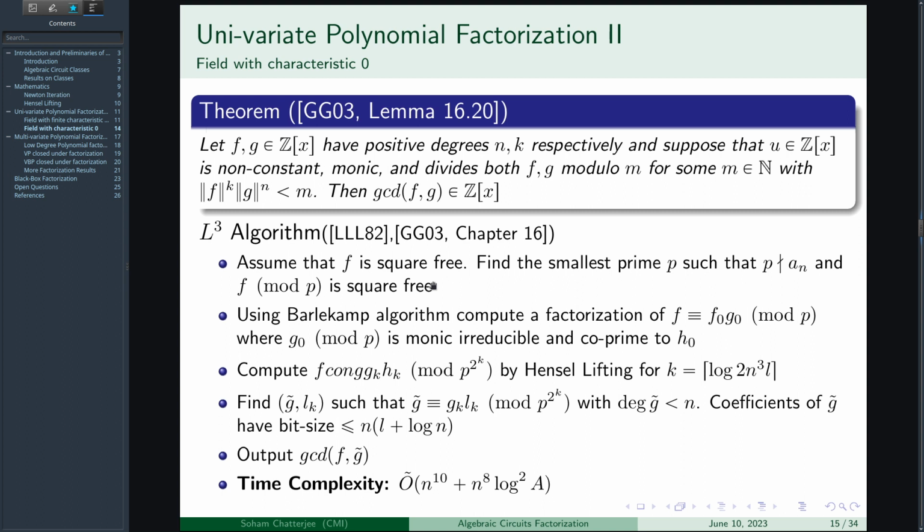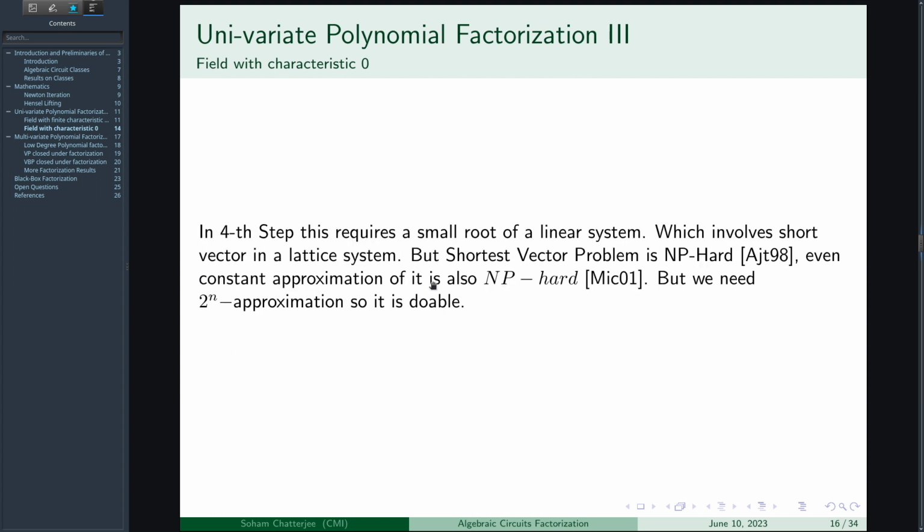Now we try to find g tilde, l_k such that g tilde equals g_k l_k, and this fourth step is where we use the shortest vector. Now finding a shortest vector in a general lattice is NP-hard, as you can see in this paper, and even a constant approximation of it is NP-hard.